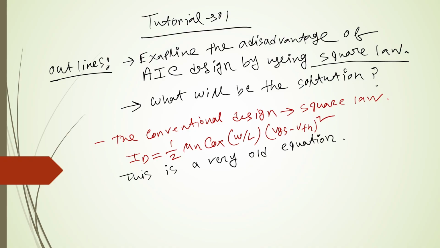And the modern devices run with very small channel length MOSFETs. Nowadays the size is roughly 10 nanometer, 5 nanometer, 7 nanometer, 6 nanometer.